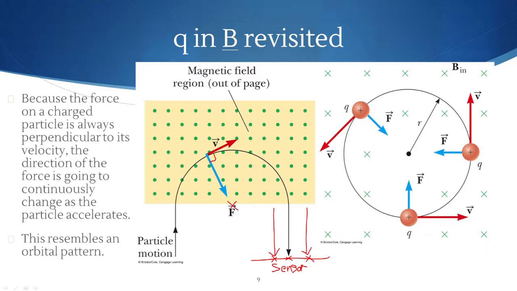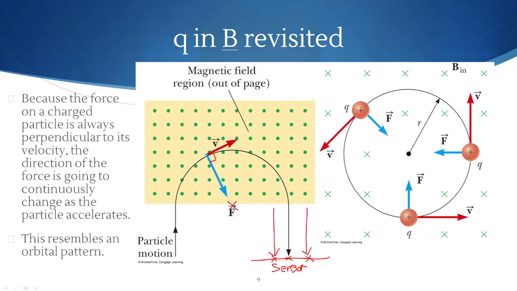So, F equals QVB is the formula, the principle that causes this particular phenomenon. Now, your right-hand rules will still tell you the direction of the original force in relationship to the original field and the original velocity.